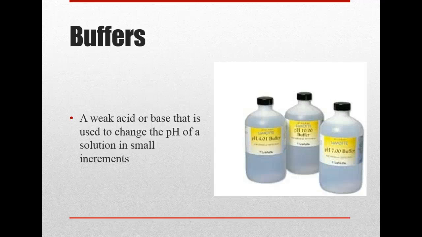For example, if you have a pool, whoever takes care of that pool might test the pH of that pool to see if it's prone to grow algae or that green scum that grows on the side of the walls of the pool. If the test is either too acidic or too basic, we can add a buffer that will slowly change that pH to make it resist growing the algae or the green scum.